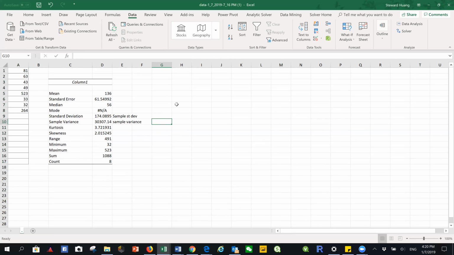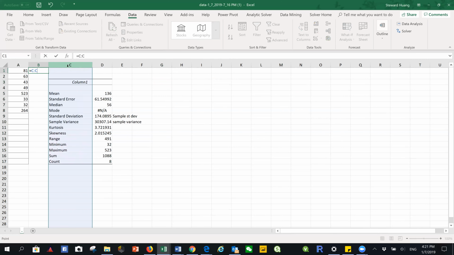Maybe I should introduce a little bit how you get the standard deviation. Of course, I haven't covered the theory or the official formula, but let me show it to you. First, you calculate the mean. Of course, you got a mean here. Once you calculate the mean, then you calculate everyone's deviation from the center.